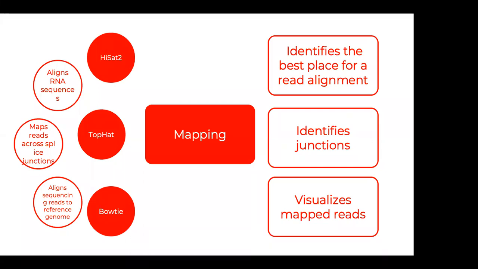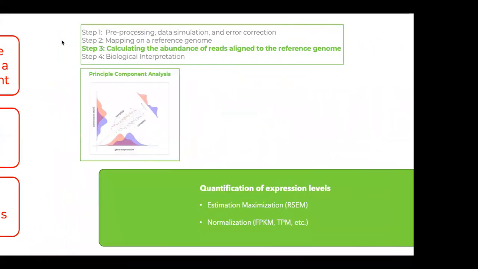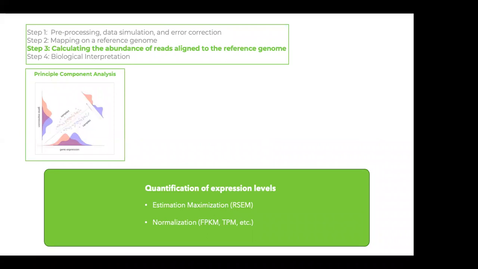Now for the next step, which is very important: after pre-processing and the mapping step, we want to look into the expression values for genes and isoforms, which are generated through an expression table. So we'll be looking at the expression table.